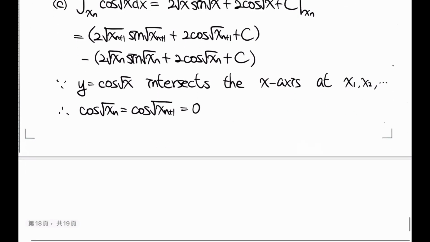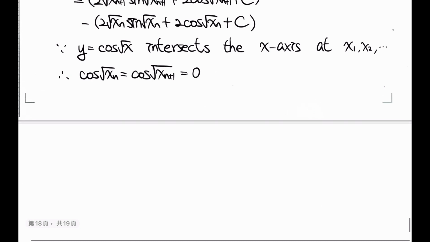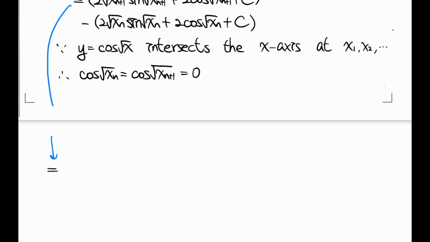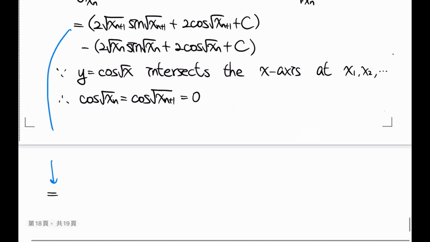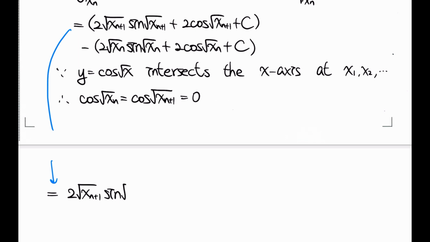So the integral then becomes 2 square root of xn plus 1 sine square root of xn plus 1 minus 2 square root of xn times sine square root xn. Also, the constants cancel out.